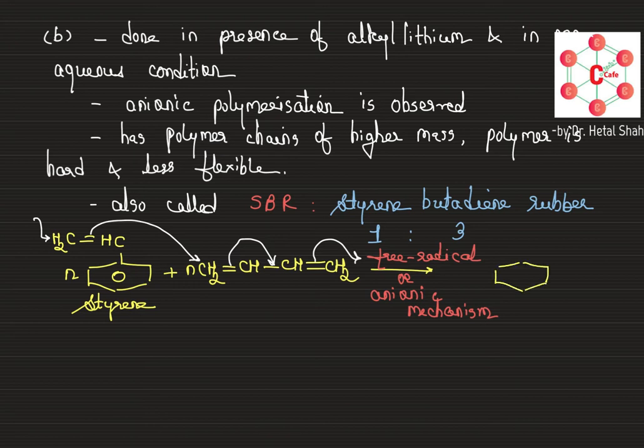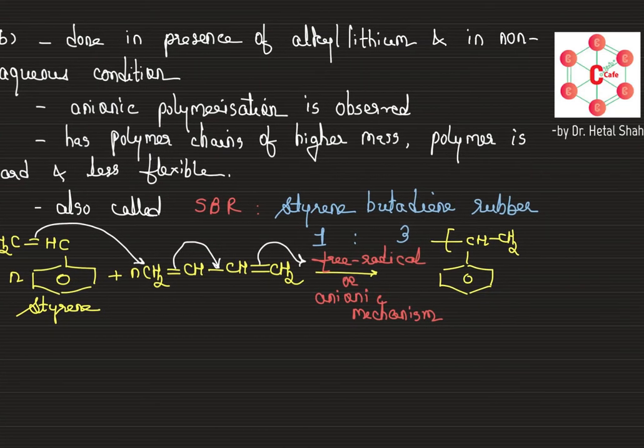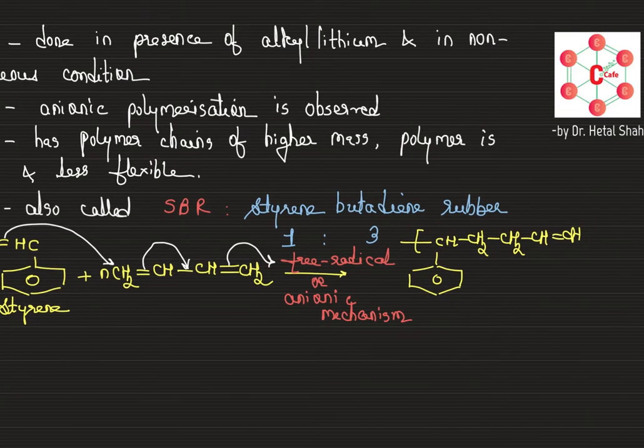So we can take up the whole thing. This is my benzene, and this was like CH, right? And we can have CH connected here, CH2, and then we can have CH2, CH2, CH double bond CH, and then we have CH2 going forward n times.